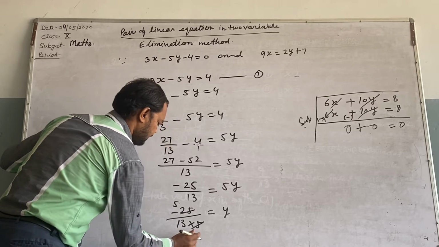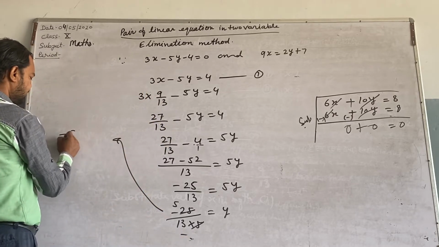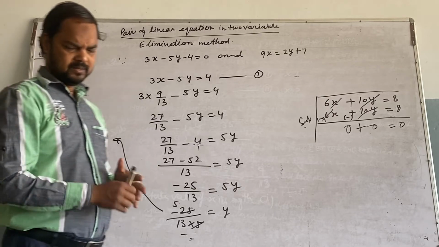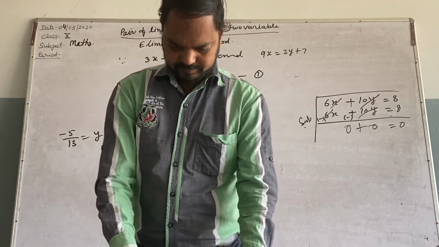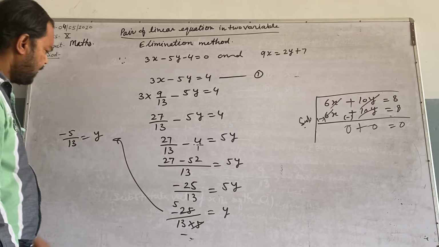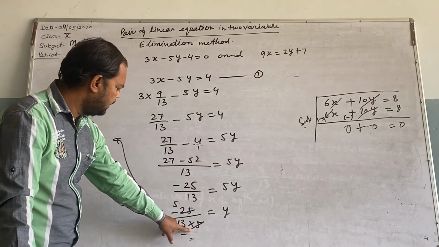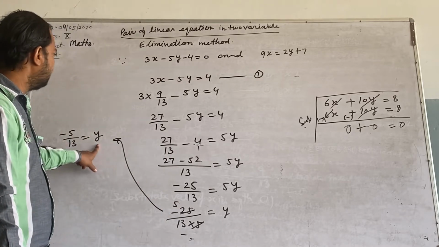You can write minus 5 upon 13 equals y. This is your solution. We take 5 to the denominator: 5 fives are 25. So minus 5 upon 13 is the solution.